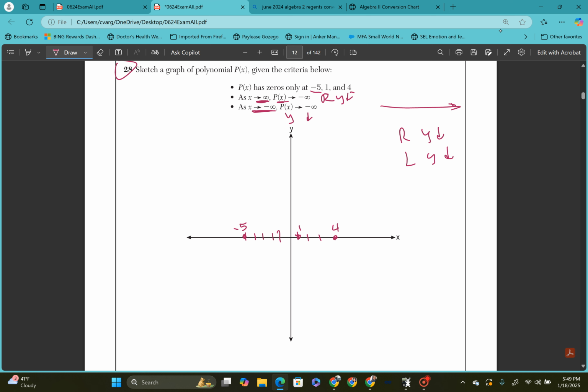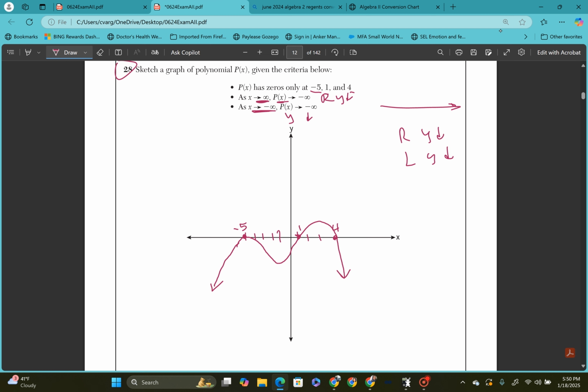Our graph is going to look something like this. It's going to hit our 0. Okay. It's going to come down. It's going to go through this. Right. It's going to go to 4. It's going to come down.